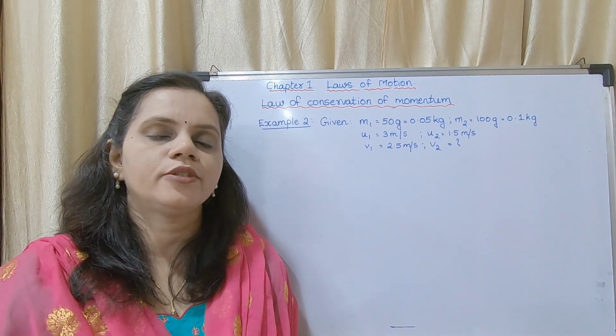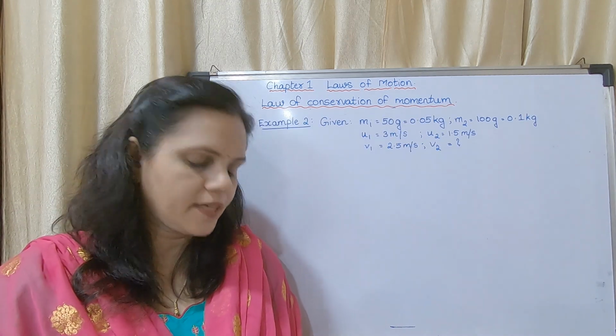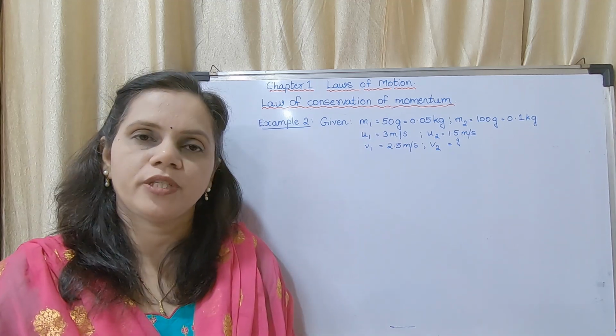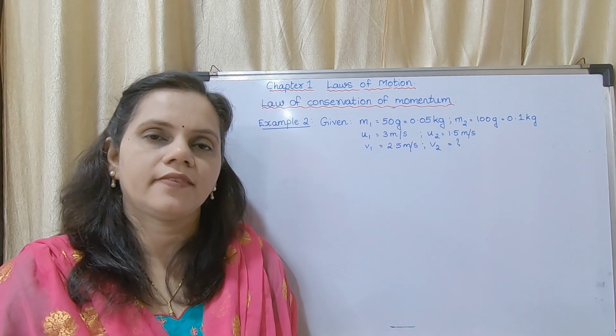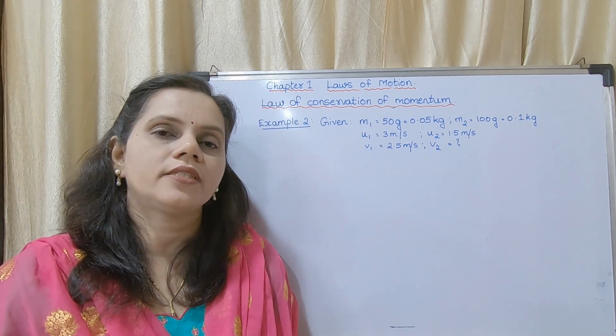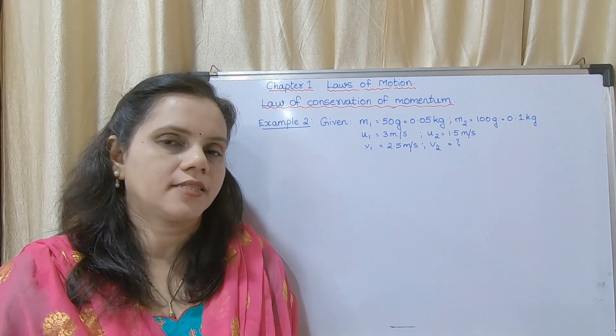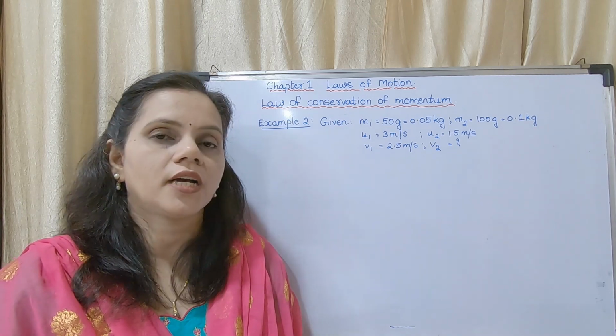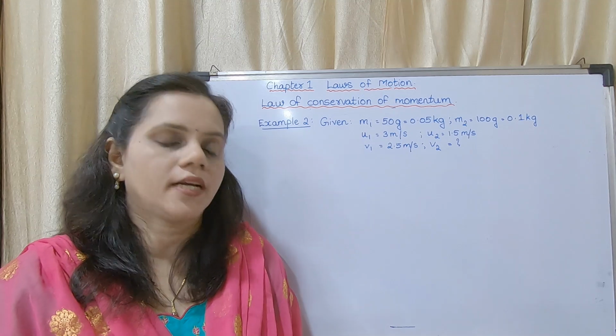There are two solved examples given on page number 16. The first example I haven't written, I won't be showing it because it is easier, we will just discuss, but that question is important, it is asked. It is the most asked question from this chapter, mostly asked numerical.